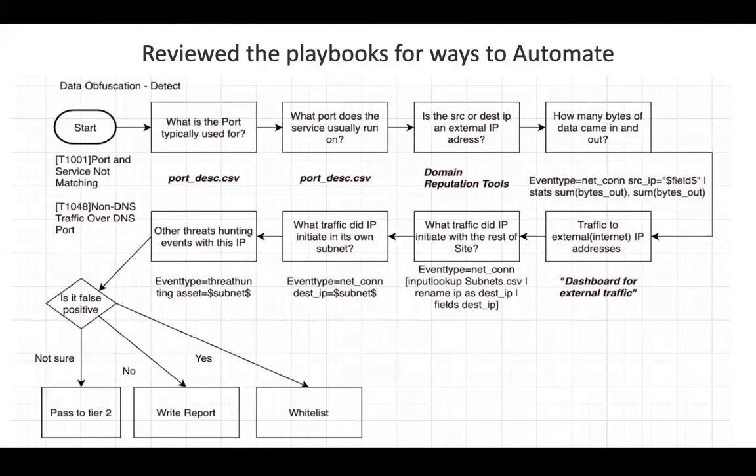And so we looked for ways to automate. The first thing we know is we got a lot of tier 1 analysts looking at this ticket, and they don't have every port memorized. You know what? Some of your tier 2, tier 3 analysts don't memorize every port. And if they don't have those ports memorized and the service that runs on them, they're going to have to look it up. Google's a great tool, but it takes time to Google all those addresses, all those ports and services.